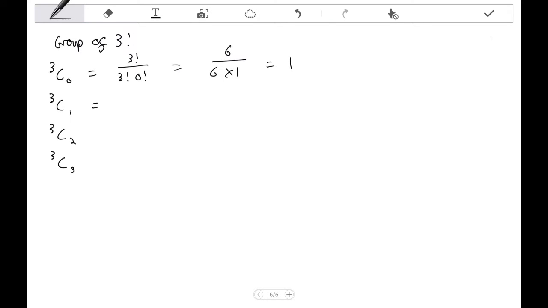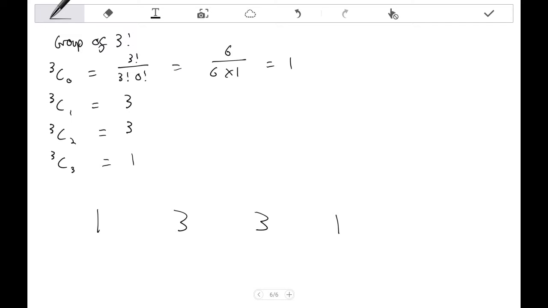I'll now just give you the result for the rest of them. 3 choose 1 would be 3, 3 choose 2, as we saw before, would be 3, and 3 choose 3 would be 1. So written out in order, we have 1, 3, 3, 1, which, if you remember before, was the Pascal's triangle line for when we would have a power of 3.